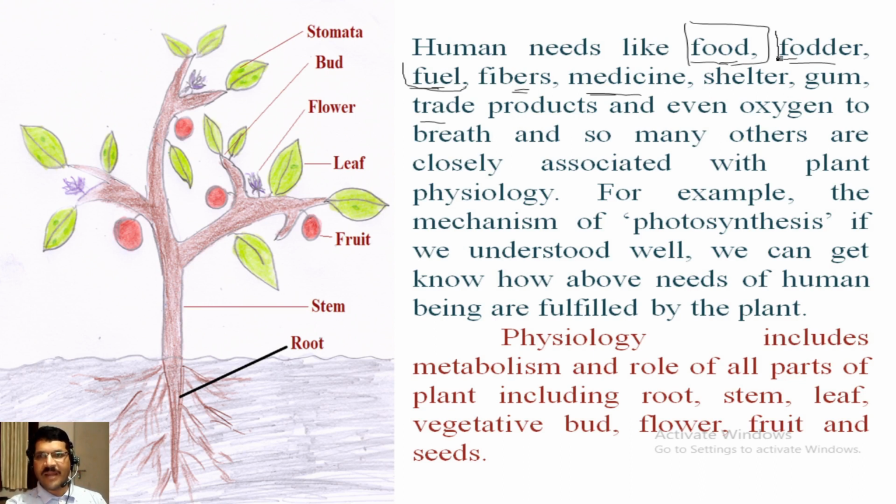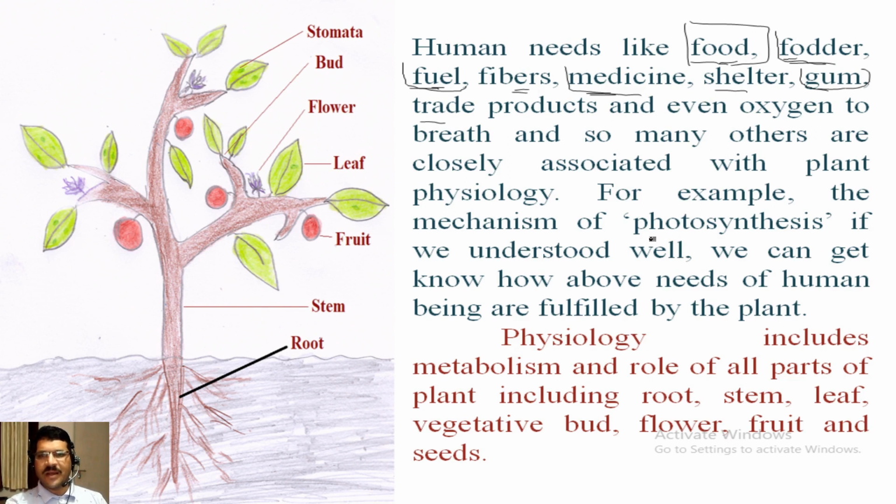How does a plant become a fodder plant, how is a plant treated as a medicinal plant, how are different types of plants used as shelter, and how do different plants produce or exude gum, and how is it useful for different purposes? All these products come from plants, and we must know physiology to understand how they are produced by the plants.